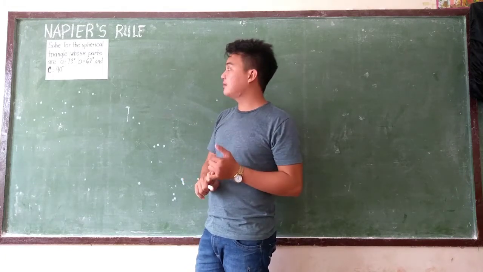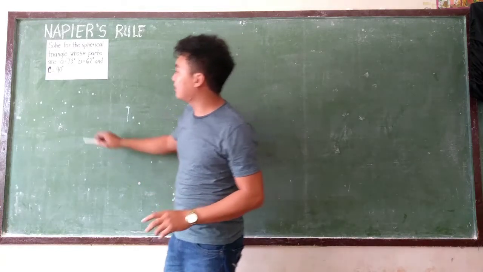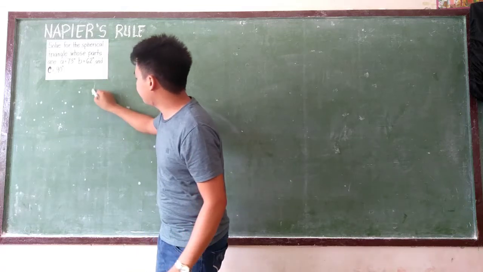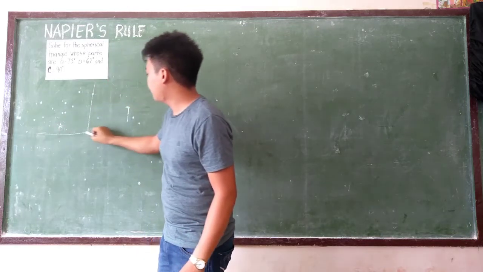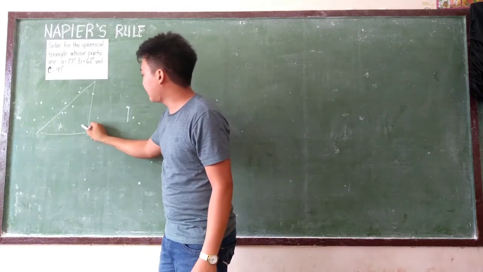So let us draw the spherical triangle. So this is 90 degrees.